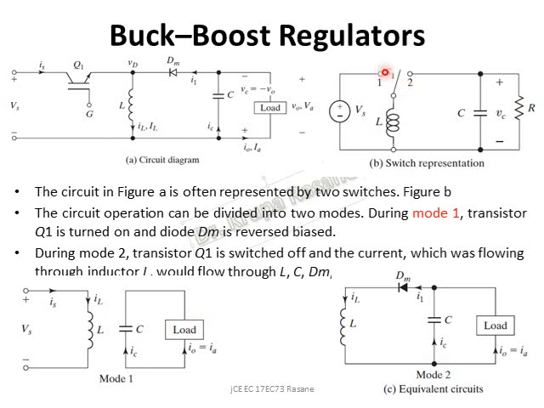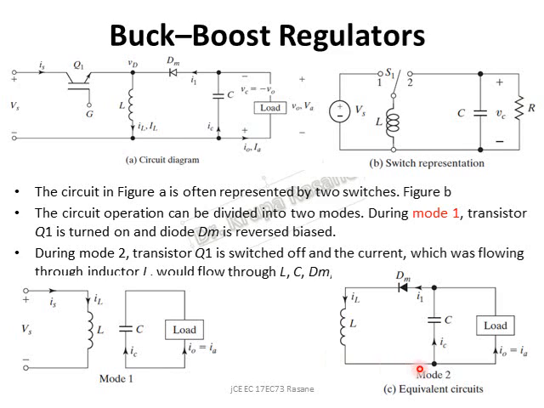When the switch is in this position, we have mode 1 where only switch Q1 is on and the current is flowing through the inductor. And we also have the load on this side, this circuit, which will be in closed loop, and the current will be flowing from the capacitor to the load in this direction, a discharging type.